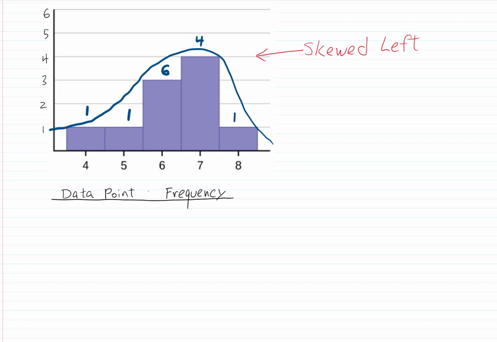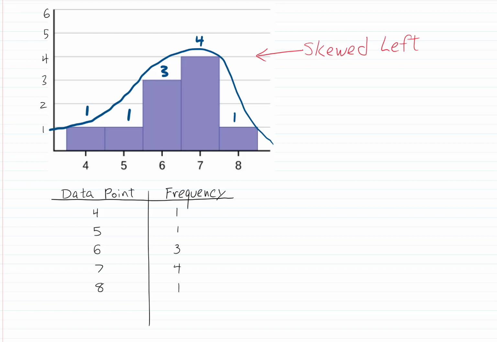Okay? So 4 has a frequency of 1, 5 has a frequency of 1, 6 has a frequency of 3, 7 has a frequency of 4, and 8 has a frequency of 1.